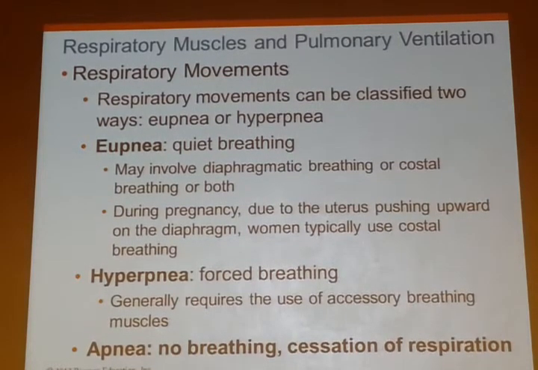Hyperpnea, you're calling in the accessory muscles, and you're increasing above 500 for inhalation, and you're also going to force out more than that extra in tidal volume. You're going to go into your expiratory reserve volume as well for hyperpnea.